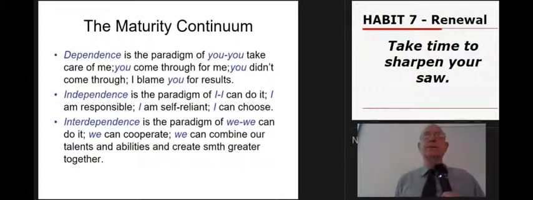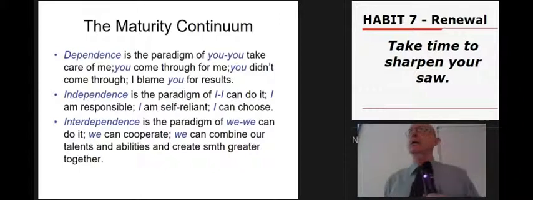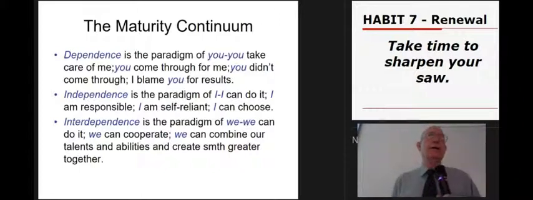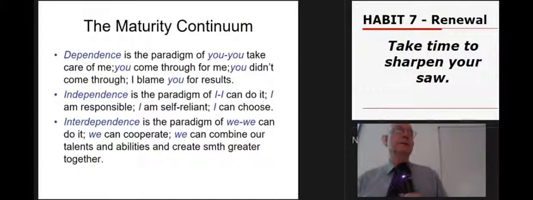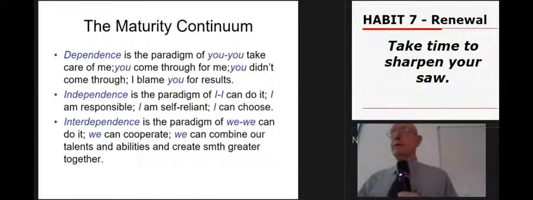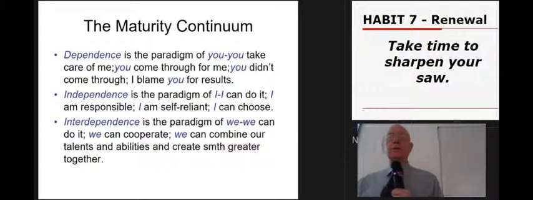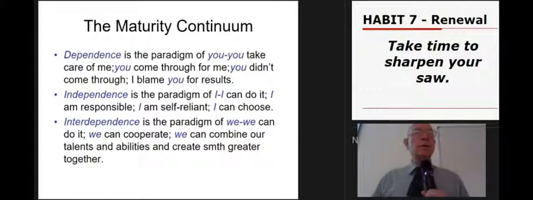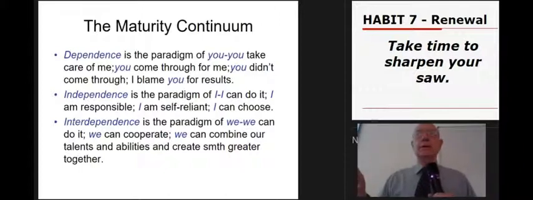We all have to go through the continuum to some degree, beginning with dependence. Whether we like it or not, we are dependent on our parents when we're young. And so we grow and we mature through this until we achieve some level of independence. That is a progressive thing, but some people don't grow out of it.